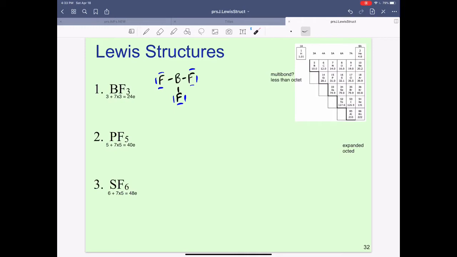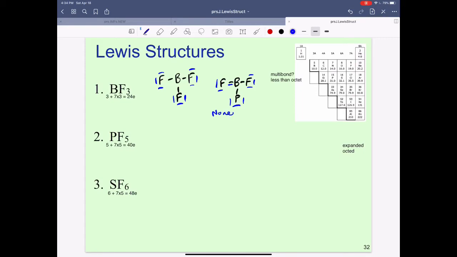It's tempting to think, okay, we should redraw this with boron in the middle and the 3 fluorines around the outside, and instead, when you locate your unshared pairs, instead take one of the unshared pairs and turn it into a double bond. That is not necessary.